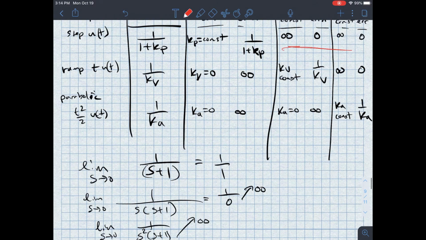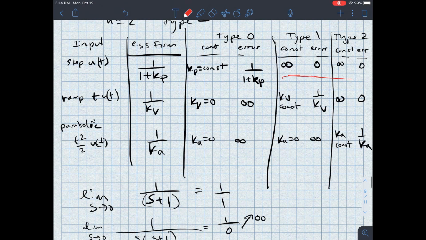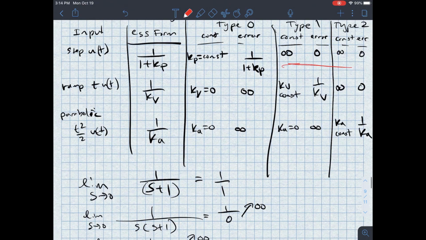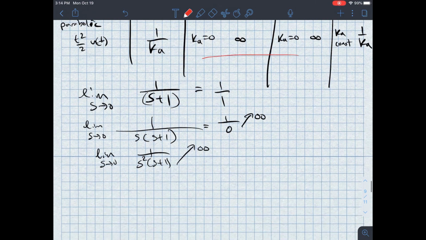For a ramp, for a type 0 system, Kv equals 0, which means that the error is infinity, or in other words, the system does not track the ramp at all. For a type 1 system, I get a value, and for a type 2 system, I get 0 steady state error. For a parabolic input, type 0 and 1 do not track, and for a type 2 system, I have a chance of tracking with a numerical value error.